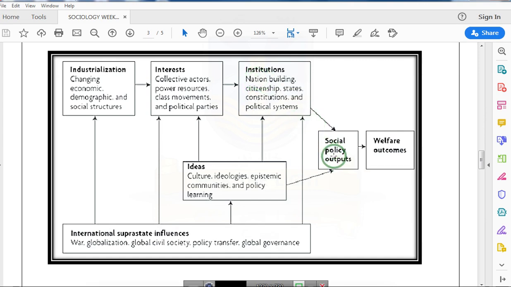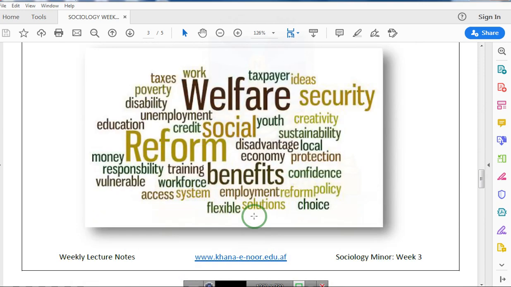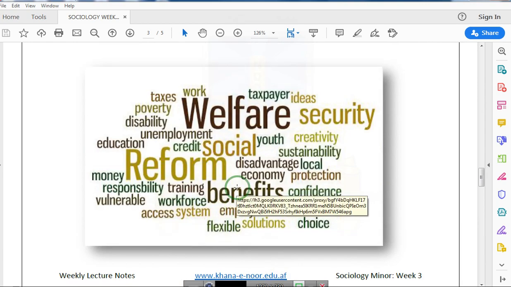And then social policy outputs yielding welfare outcomes. So this is just a complex interrelationship of how social policies work together, how they are developed, and what they are carved for.